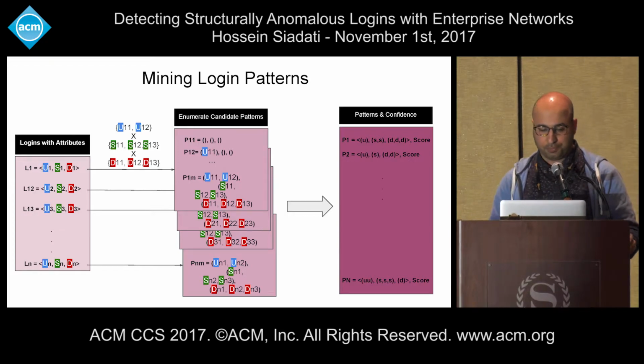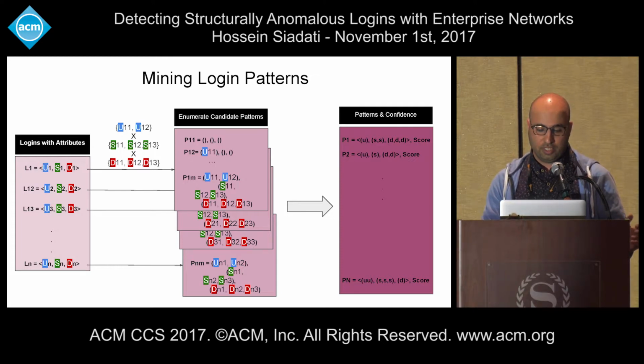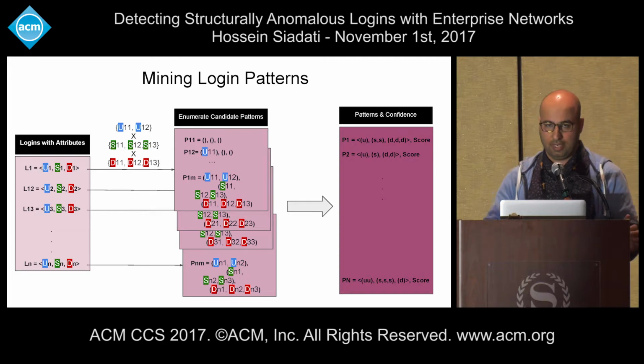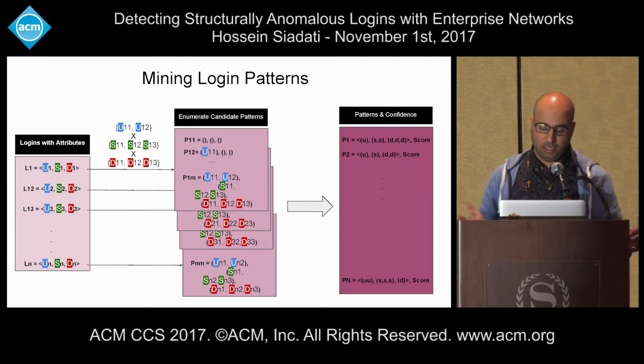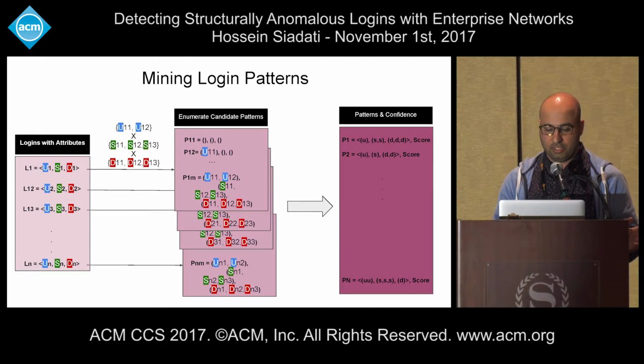So as a result, for the attributes of the user, we create the power set of the attributes. For attributes of the source machine, we create the power set of attributes. And for destination, the same. And we multiply all these and compute the Cartesian product of these attributes.